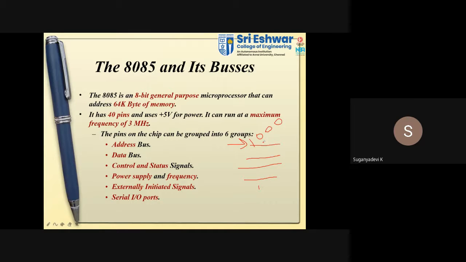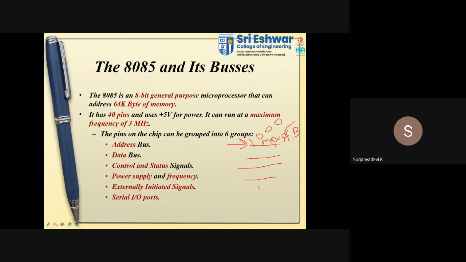The instruction will be MOV A comma B. This is the instruction which moves the content of B to A, the accumulator.